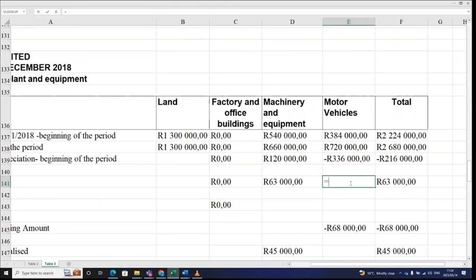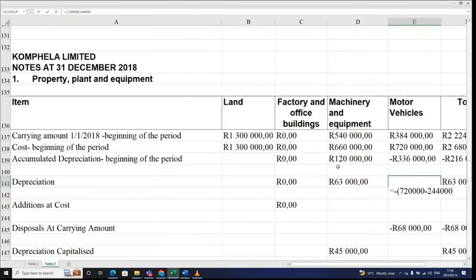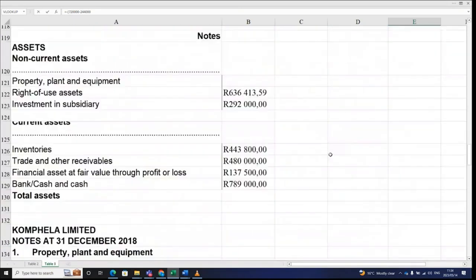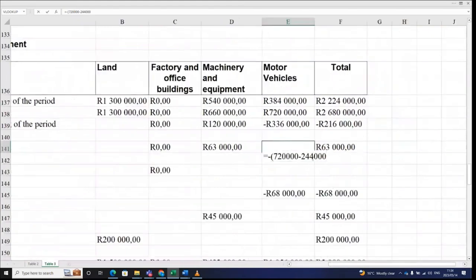So to get the cost of those assets, we will first have to put it negatively and say 720,000 minus 240,000, which is the cost of the asset that was disposed. Okay. Then multiply that by 20%. So that's the depreciation of the remaining assets for the current year.